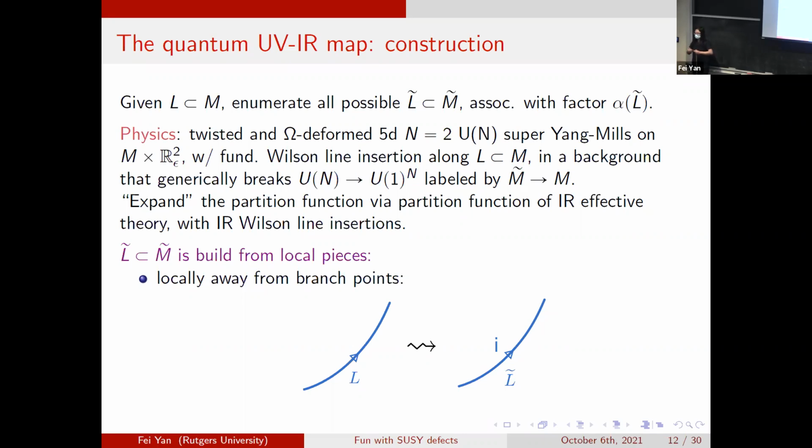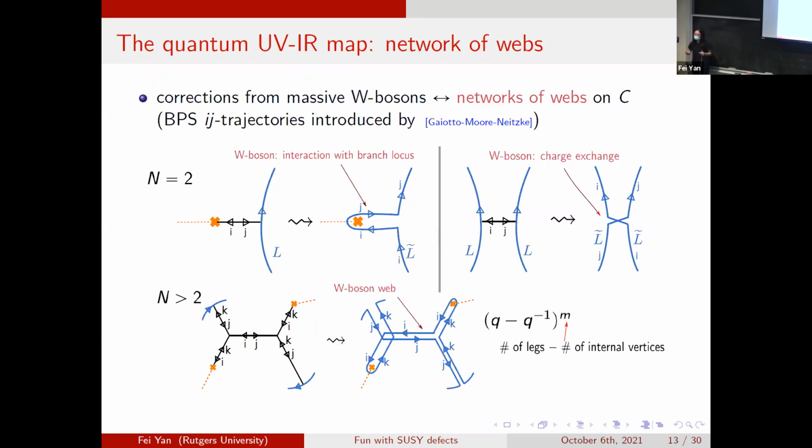And then, of course, again there is a semi-classical analysis where you think the Wilson lines will decompose into N abelian Wilson lines, but you also need to include corrections for massive W bosons from this U(N) super Yang-Mills theory. And those W bosons have to travel according to certain trajectories. And figuring out these trajectories is the difficult part of this program.